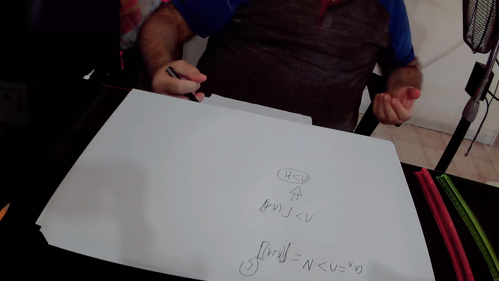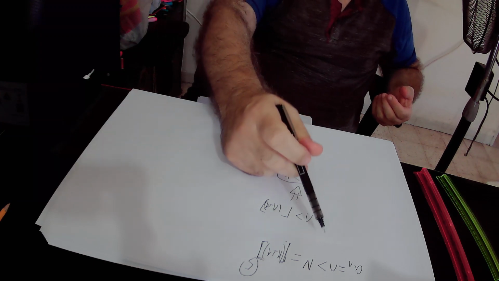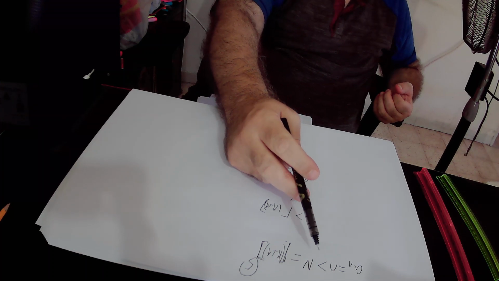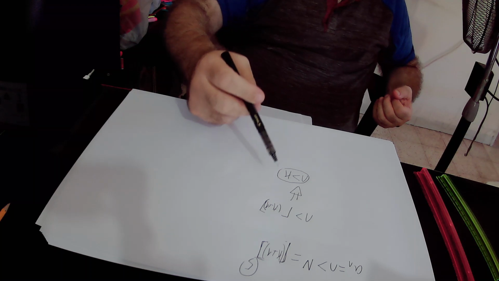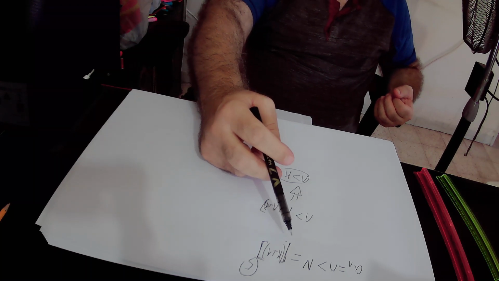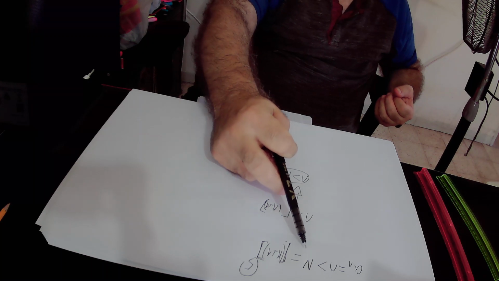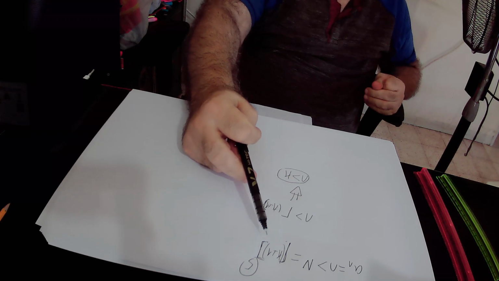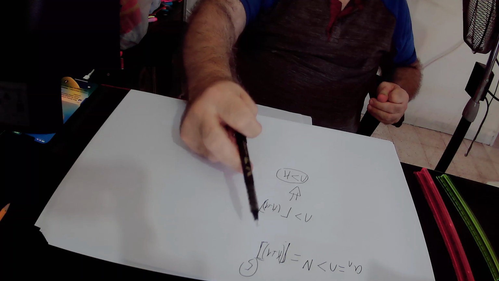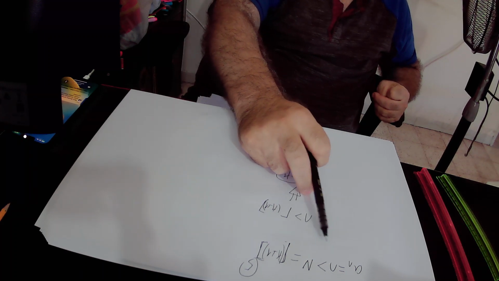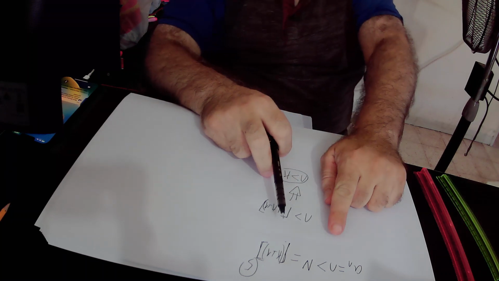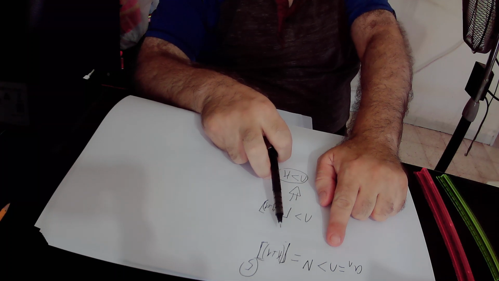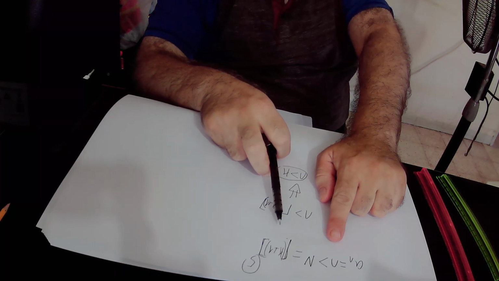And from the beginning, we chose n that is greater than capital N, where capital N is equal to k plus 1 rounded up. So this is true according to what we chose.